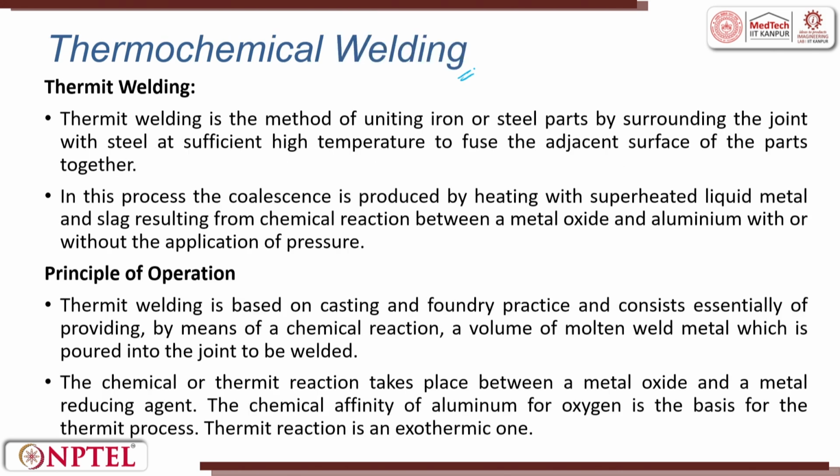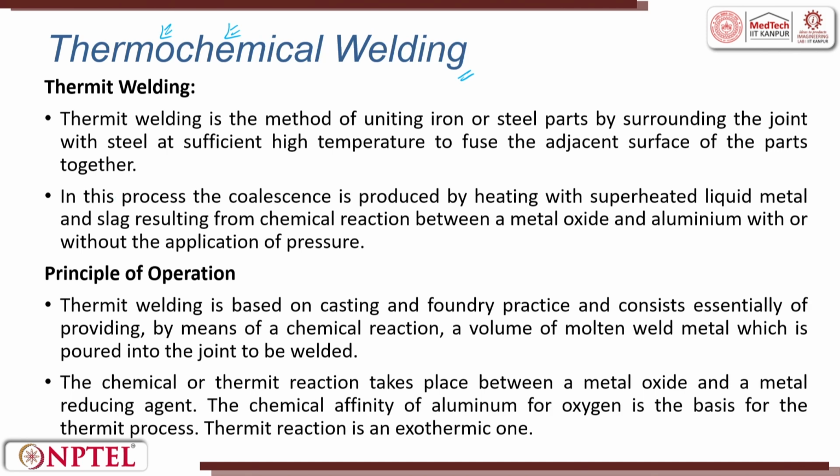Thermochemical welding process. So, here it is thermochemical. There is a heat, there is a chemical phenomenon happening. Thermit welding is a method of uniting iron or steel parts by surrounding the joint with steel at sufficiently high temperature to fuse the adjacent surfaces of the parts together.